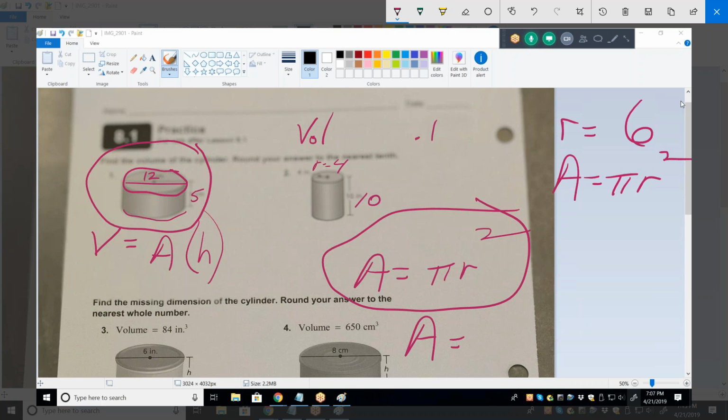Well, are pies square or are they circular? A piece of pie, is it circular or square? It's circular. Okay, so pi r squared is a little bit unusual.